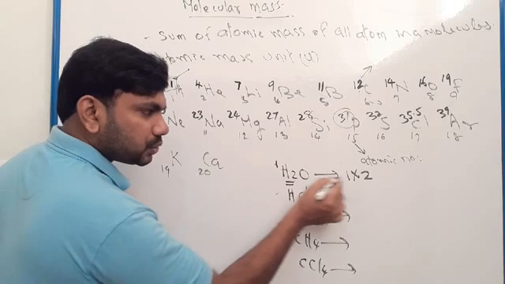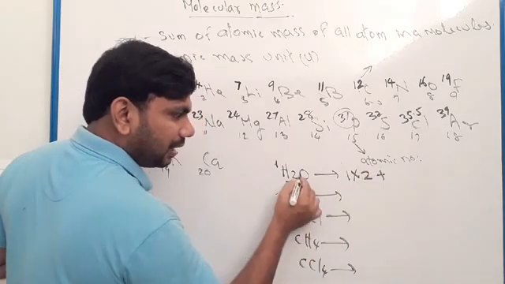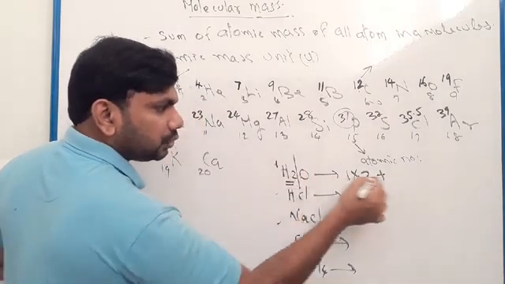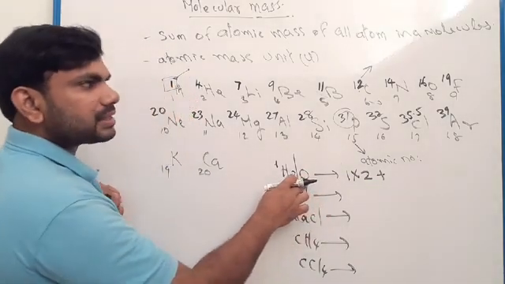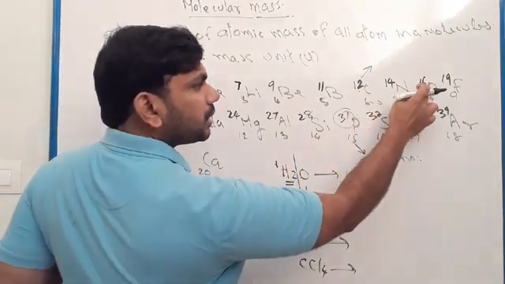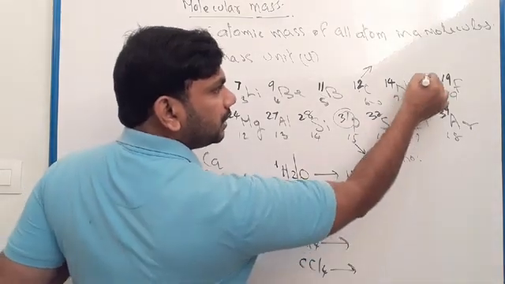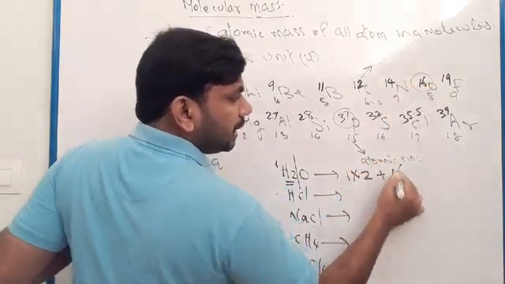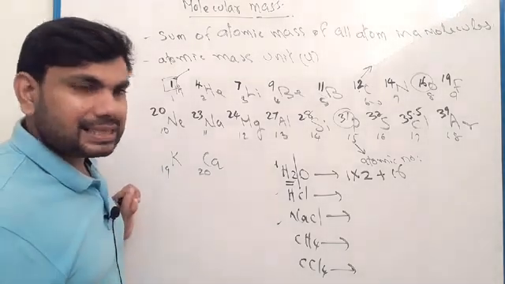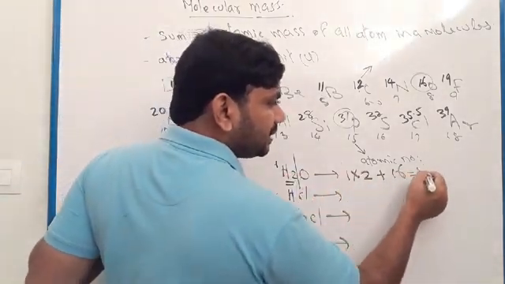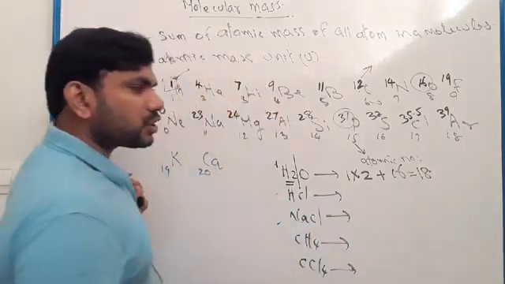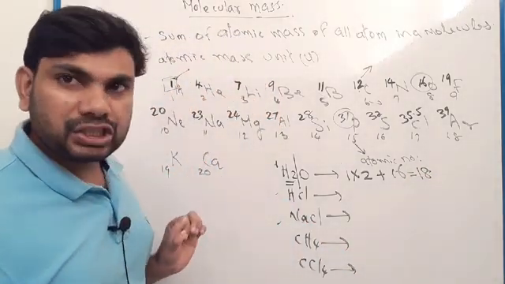So 1 times 2, plus, after finishing hydrogen, the mass of oxygen. Atomic mass of oxygen is 16. So 1 times 2 plus 16 is 18. So molecular mass of H2O is 18.